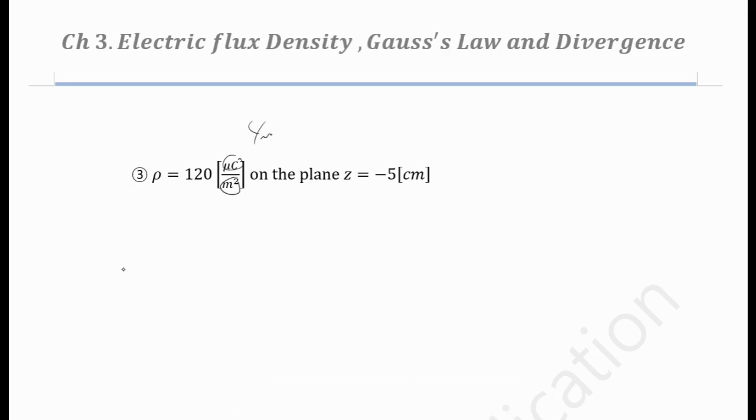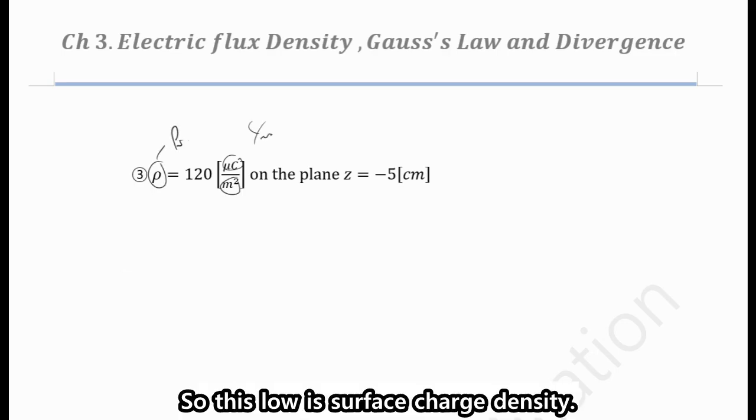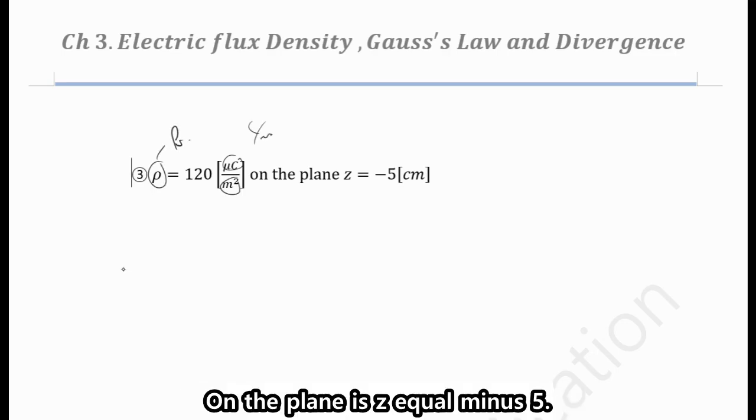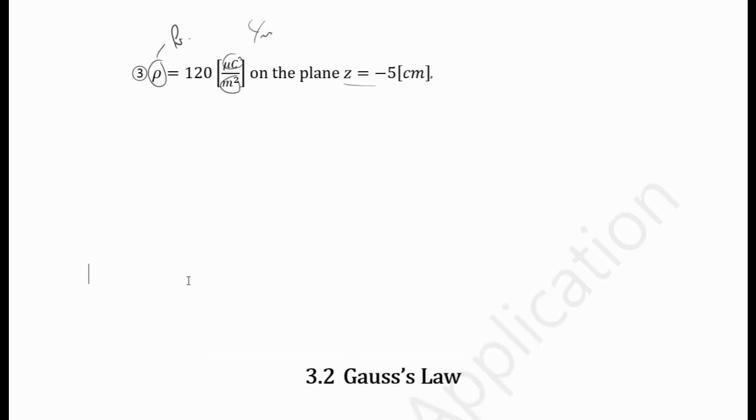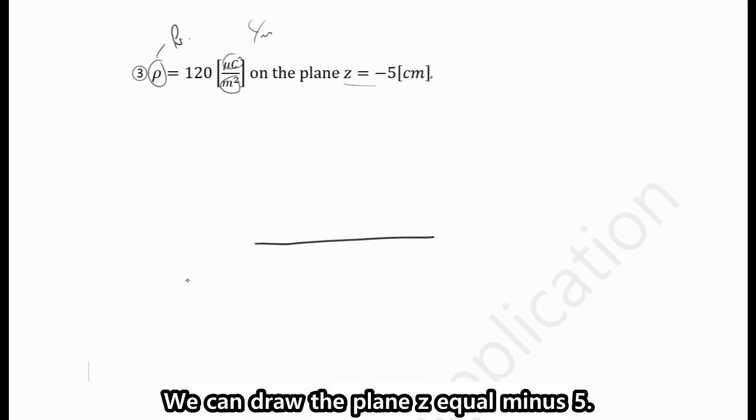This rho is the surface charge density on the plane z equals minus 5. We can draw the plane z equals minus 5.